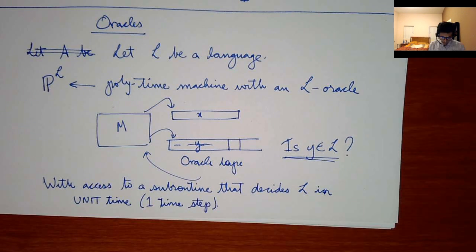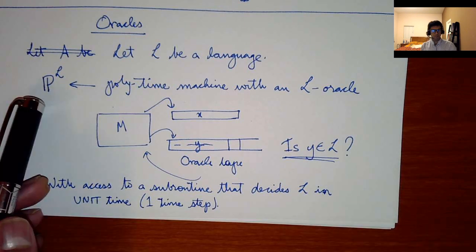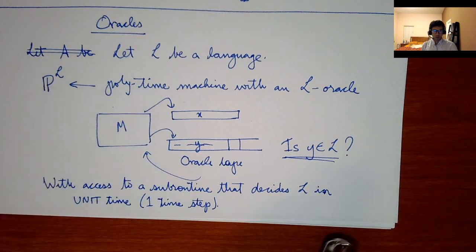So it has access to a subroutine that can just immediately decide L. And that's an oracle machine. So P to the L are polynomial time machines with access to an oracle. And this is capturing exact clique. Because if you have access to a clique machine, then you can call that machine n times, or actually log n times, to decide the language.